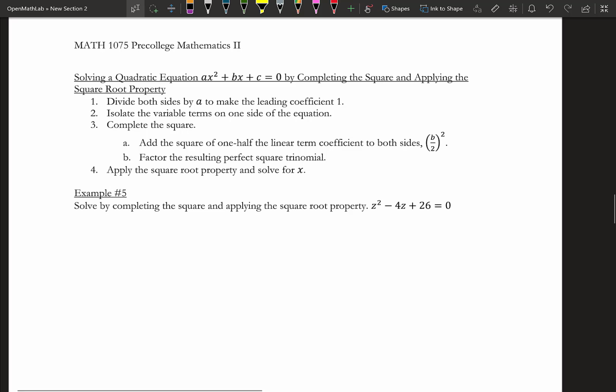All right, so now I want to review the steps for solving an equation in the form ax squared plus bx plus c equals 0 by completing the square, and we're also going to apply the square root property. So number 1, you want to get rid of the leading coefficient. We want to make it 1, so we divide both sides by a, and then you're going to isolate the variable terms.